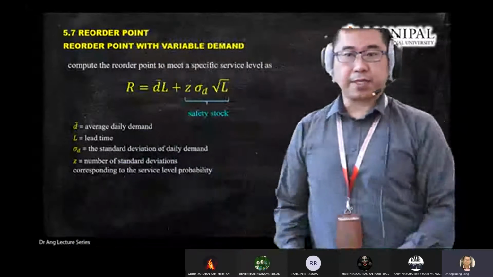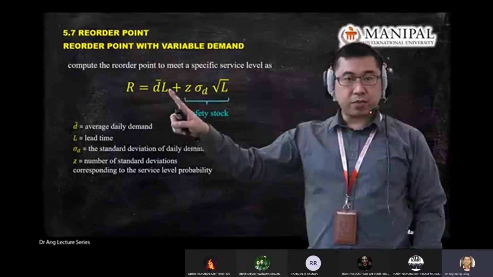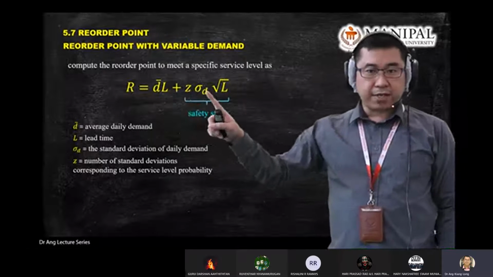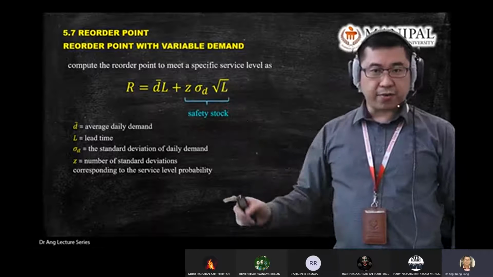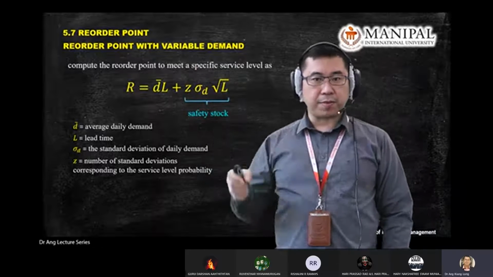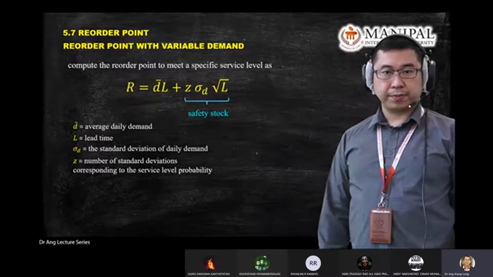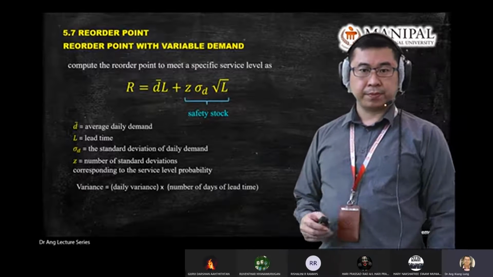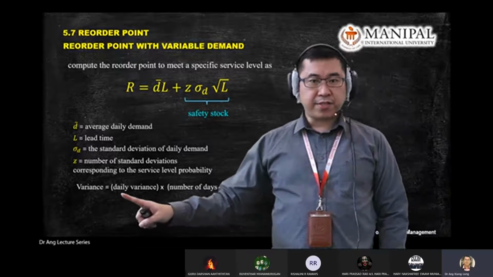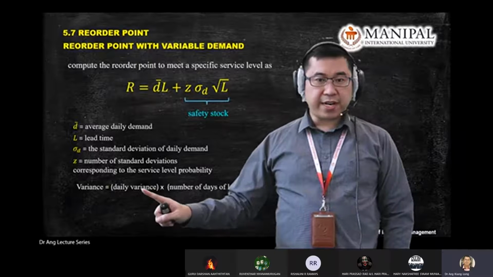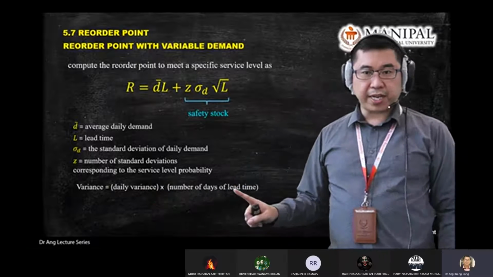Okay, copy this equation. R equal to D hat L plus Z sigma square root of L. This equation is for variable demand. So how to find variance? Variance equal to daily variance multiply the number of days of the lead time.